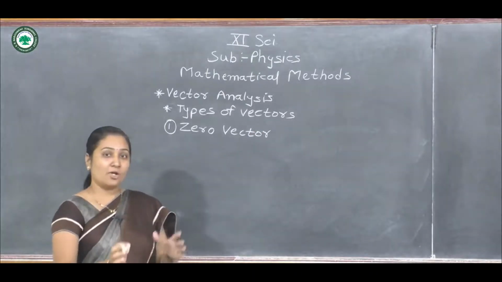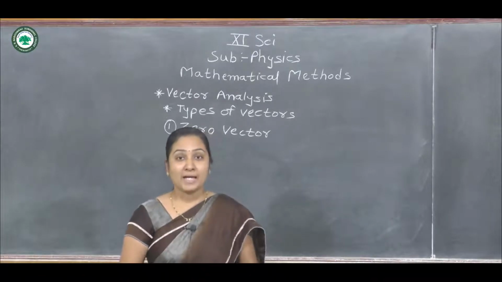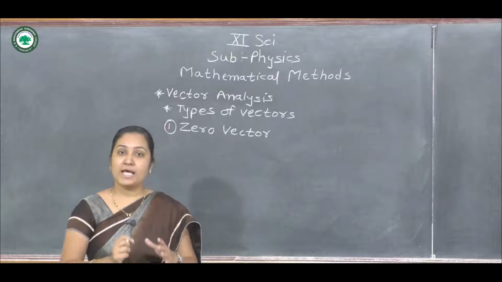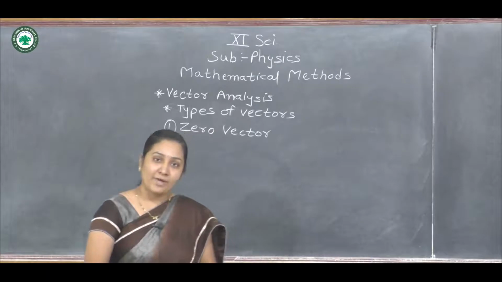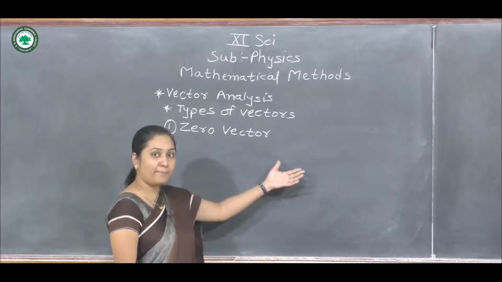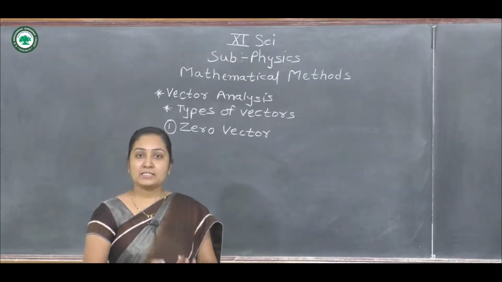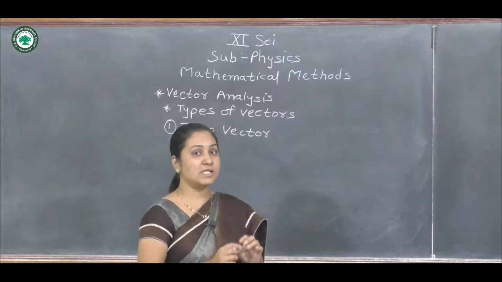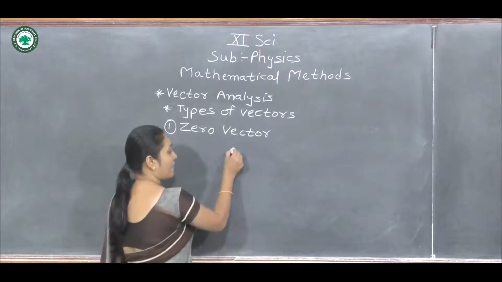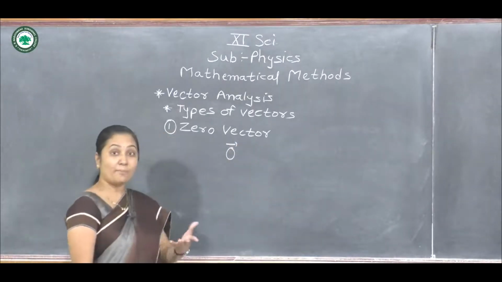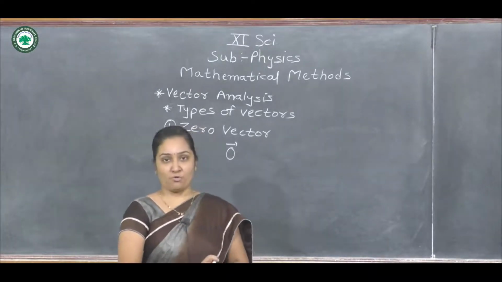A vector which has magnitude 0 is called a zero vector. The vector which can be described by the magnitude as 0, this type of vector is called a zero vector, and a zero vector is represented by 0 bar.